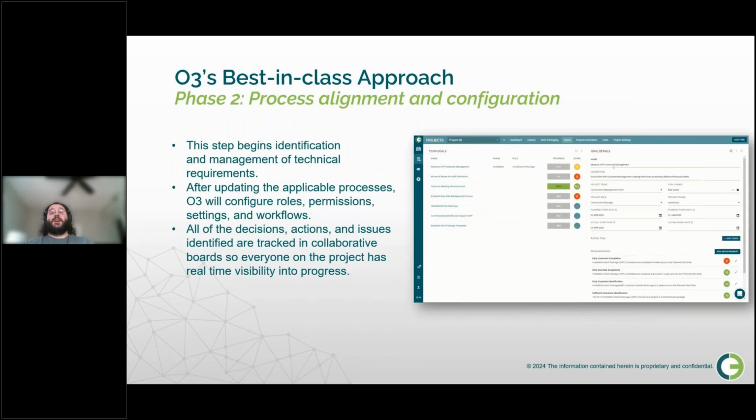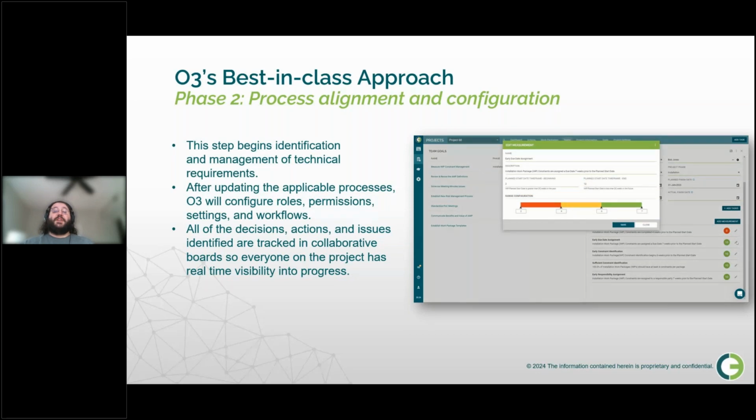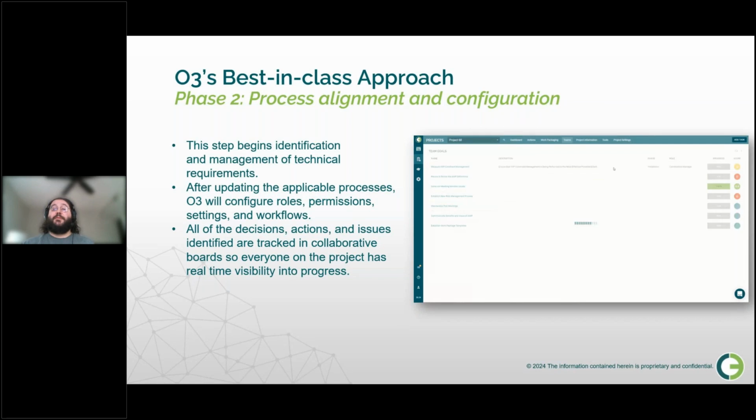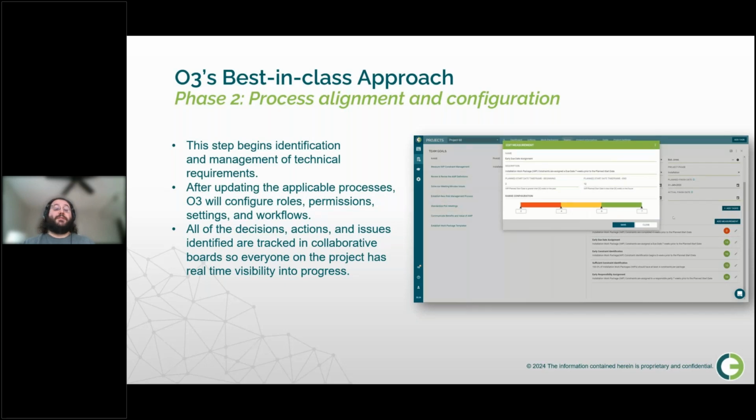And next, we'll talk about process alignment and configuration. It's vital to our setup that we understand how O3 is going to support your underlying processes. We work to identify technical requirements early on, so that we can ensure they're satisfied with each configuration we make. Each sprint we'll work to configure O3, or at least all the different parts that your team is going to use, and set up the underlying workflows for all your different work packages.